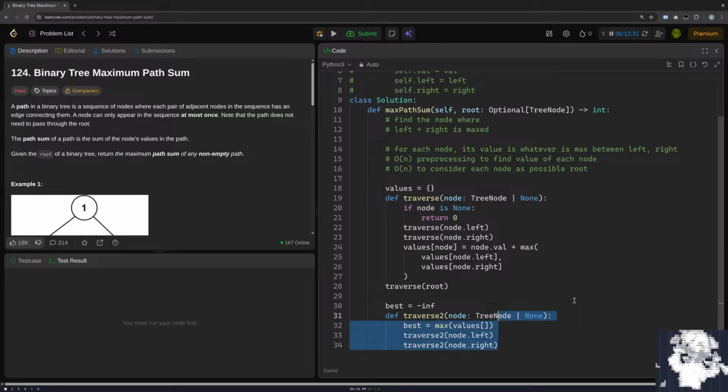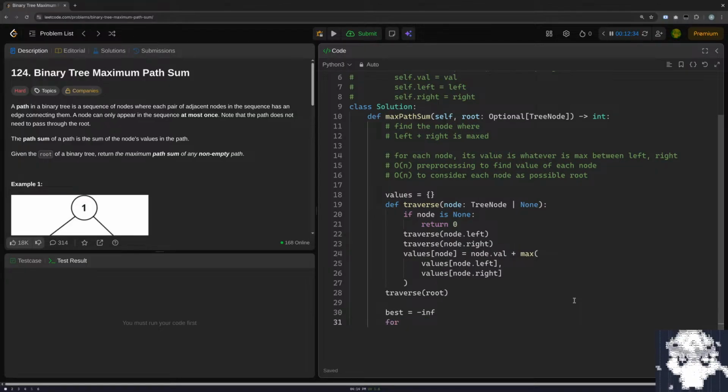We don't even need to do a tree traversal here. We can just do for node in values.keys, which is the same as not saying keys. Best equals node.val plus values of node.left plus values of node.right.